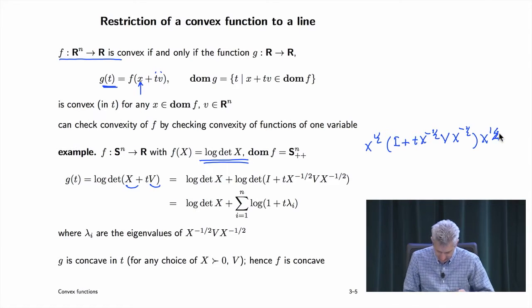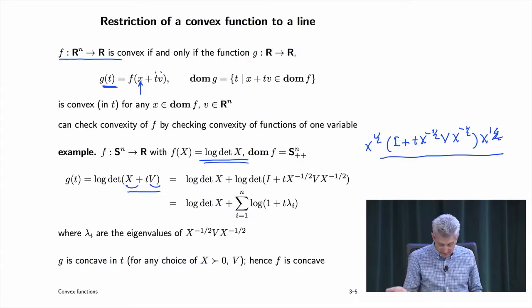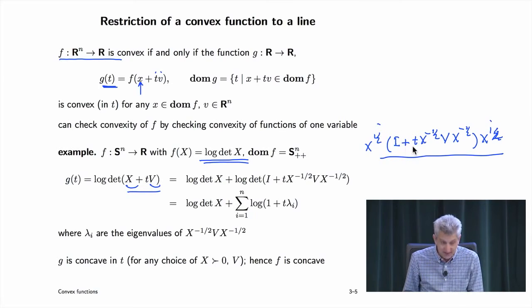So certainly this matrix is the same as that here, right? And now I take the determinant of that. It's the triple product of the determinants. And log is the sum, so I get 1/2 log det x plus 1/2 log det x. That's this one, and this one. Okay? That's a constant and doesn't interest me as far as convexity is concerned.